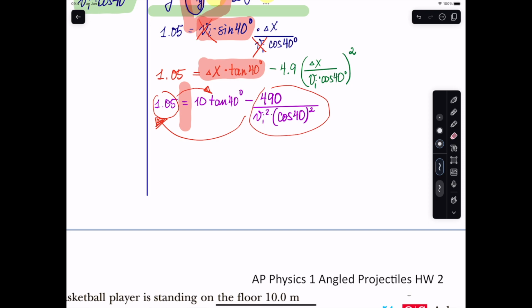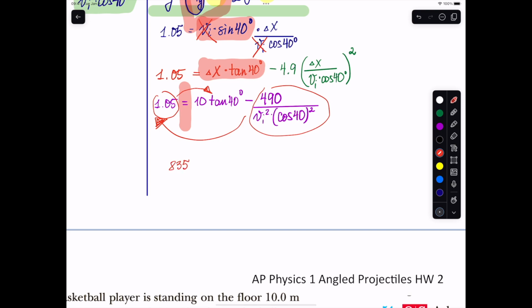Let's do this. What is 490 over cosine of 40, and it needs to be squared. So I'm putting it into my calculator. Make sure that you are using parentheses just in case. What I get when I calculate 490 over cosine squared of 40 is 835.